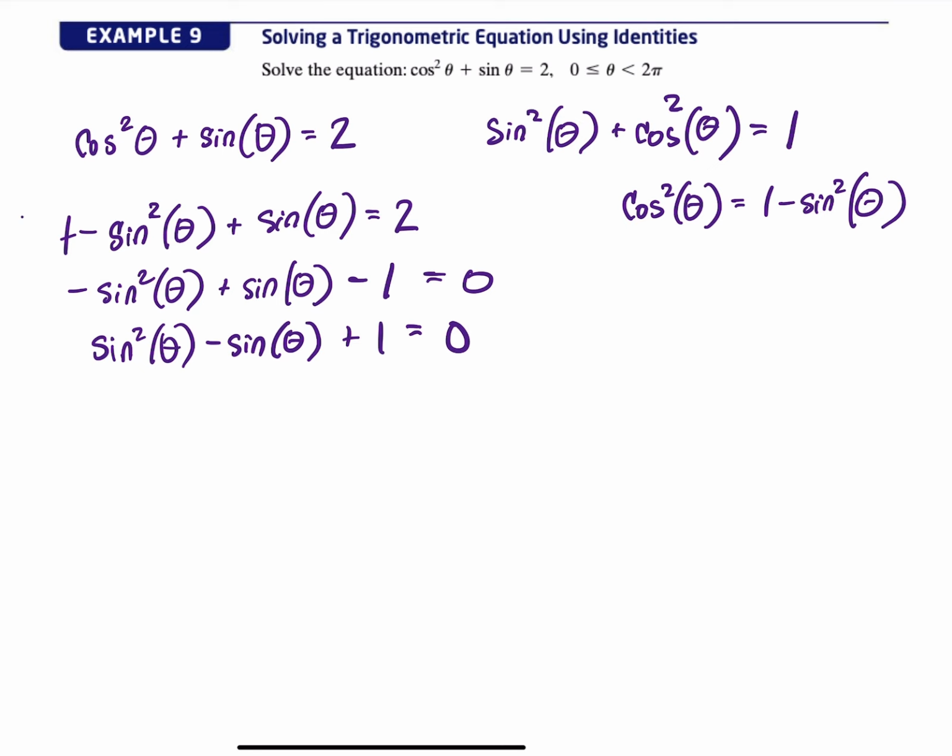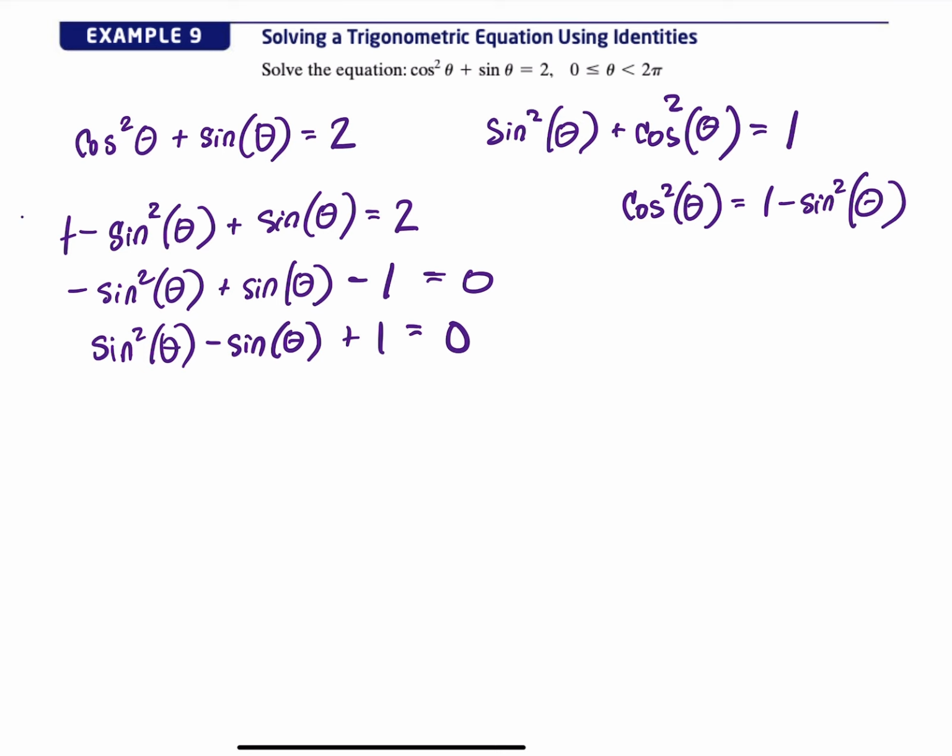So at this point, I would try to factor. I'd be thinking of factors of +1 that add up to -1. There's nothing that'll make that true, which is an indication that we should maybe use the quadratic equation to try to solve this.